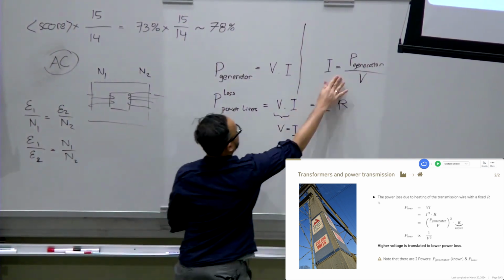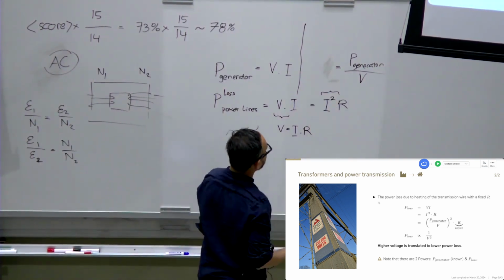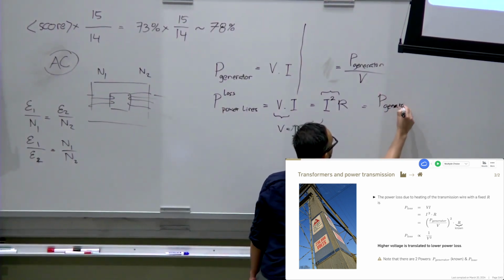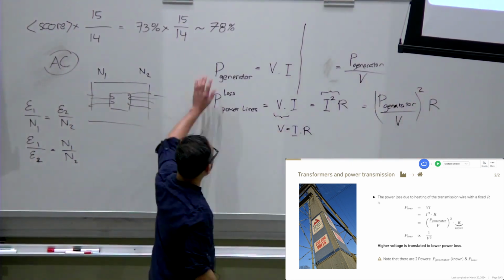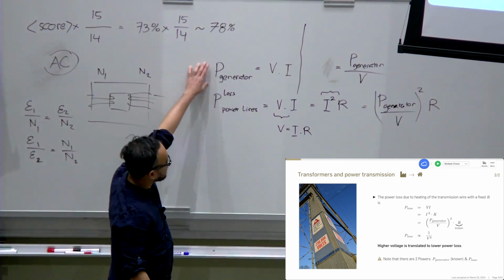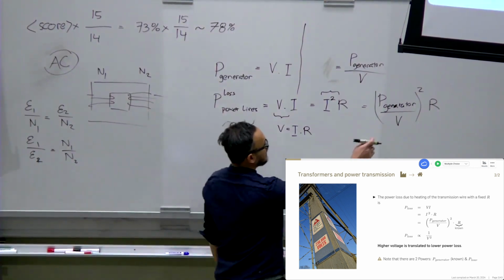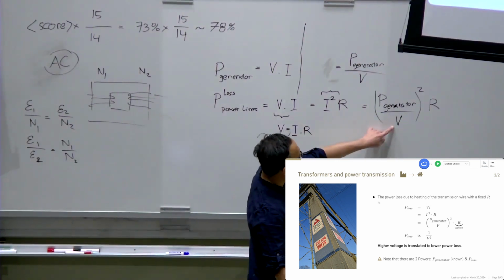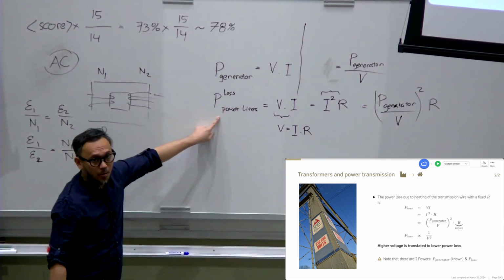So this becomes P generator divided by V, squared, times R. You know what P is, which is the power, the energy per unit time of, let's say, a waterfall, and R is the property of the cable. Then all you need is to tweak V, right? So this expression shows that the higher the voltage, the lower the power loss.